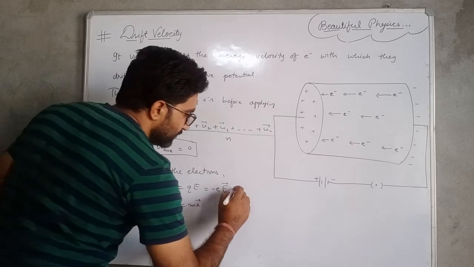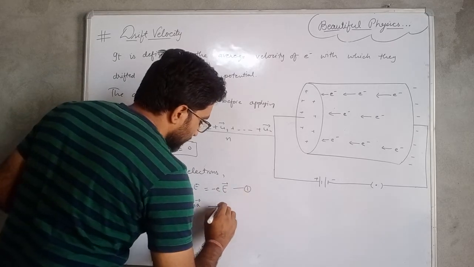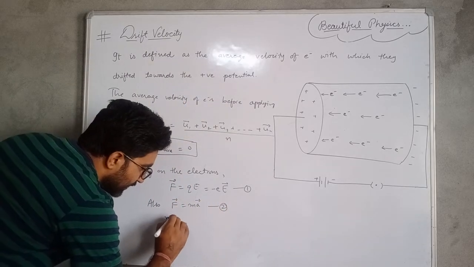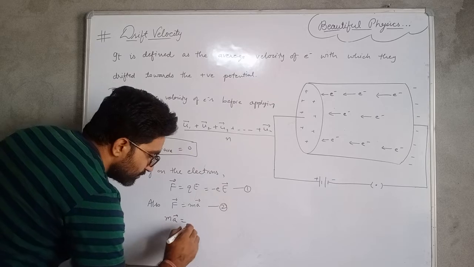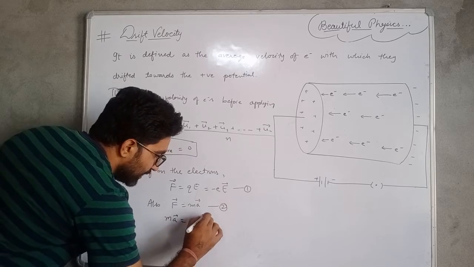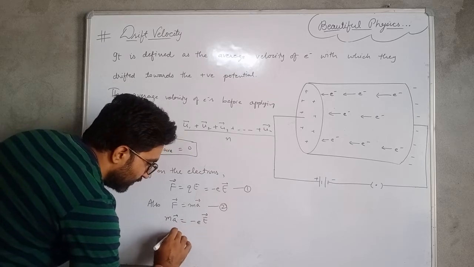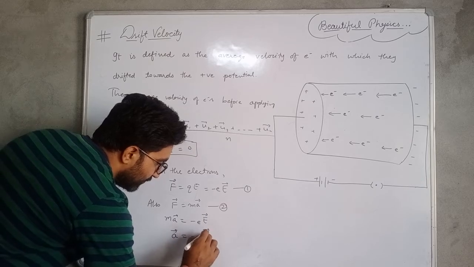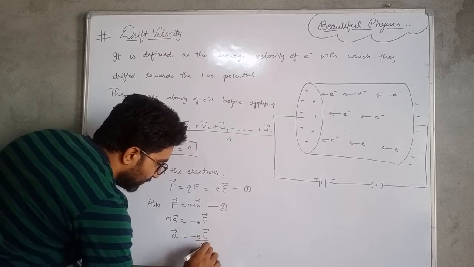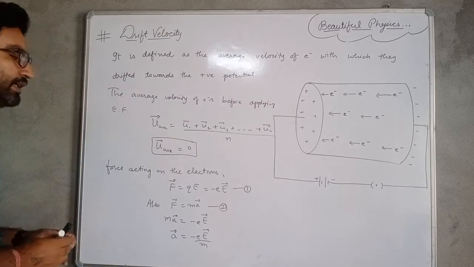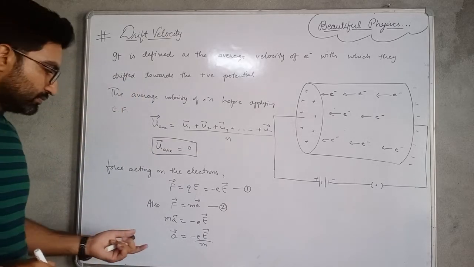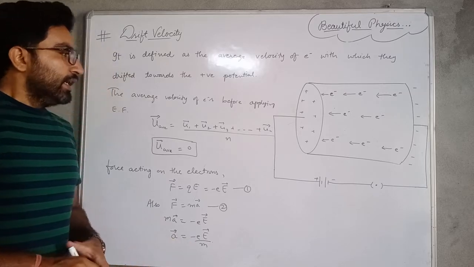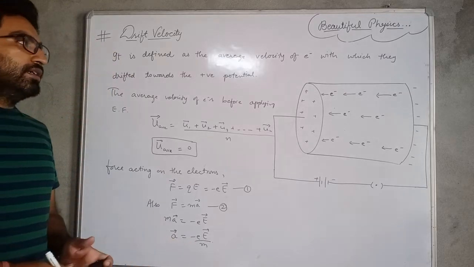When we compare these two equations, we have ma equal to minus e times electric field. From there we can find the value of acceleration, and it will be equal to minus e by m. Okay, this is the value of acceleration.